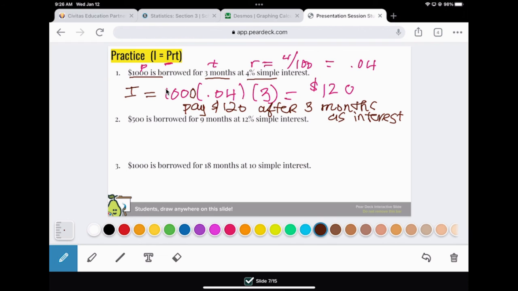Okay. So the 120 you pay after 3 months, you only pay the interest. You have not paid off your loan. You still owe them $1,000. So if you want to pay off, you have to pay all of them, like $1,000 plus 120. If you just pay 120, you just pay the interest, you still owe them $1,000.